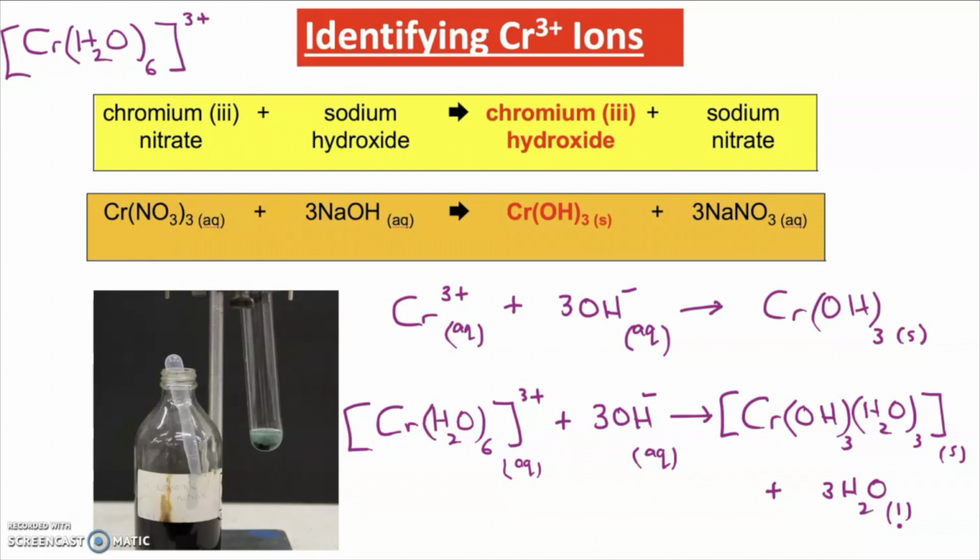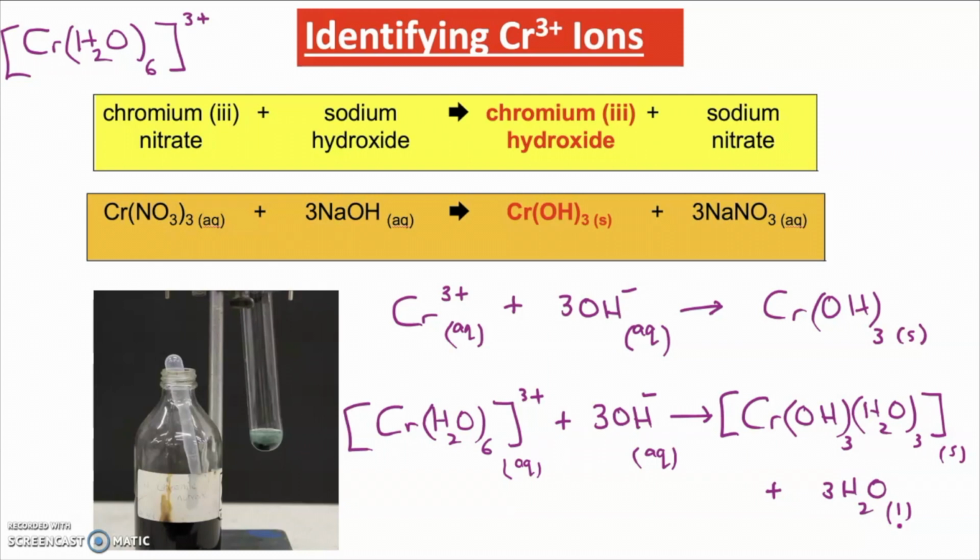Now on the right hand side we have Cr(OH)3, which has no charge, and Cr(OH)3(H2O)3, which also is a neutral complex. So therefore the sum of the charges on both sides of the equations is 0.